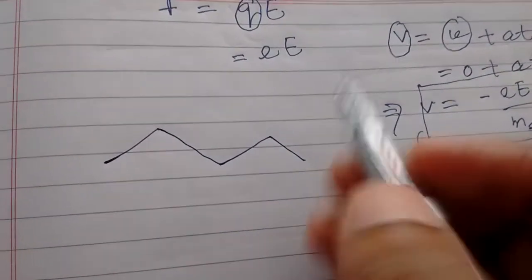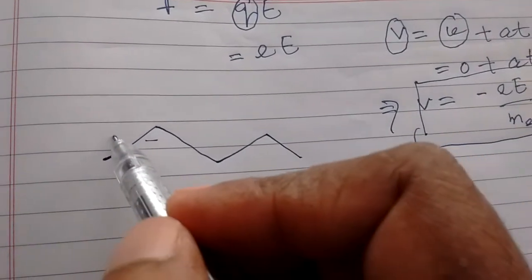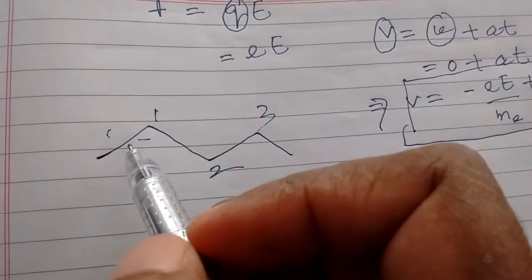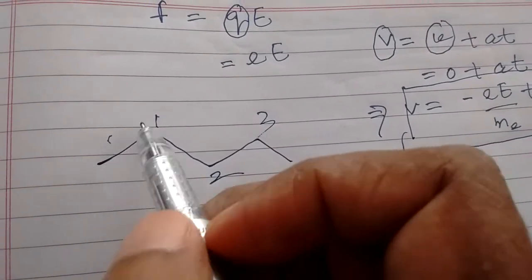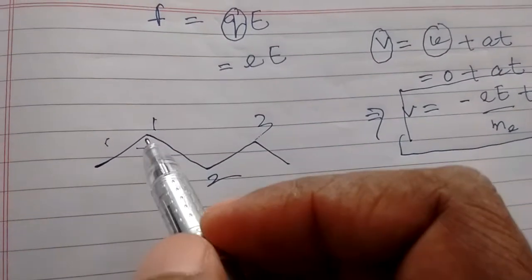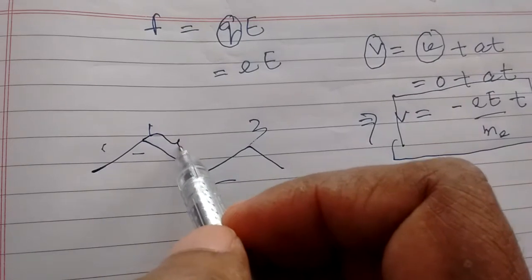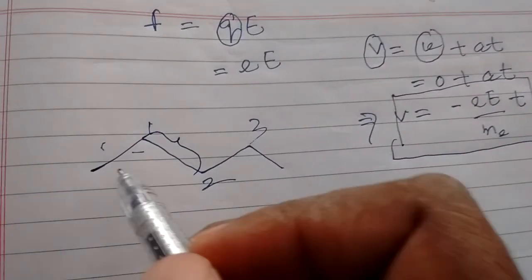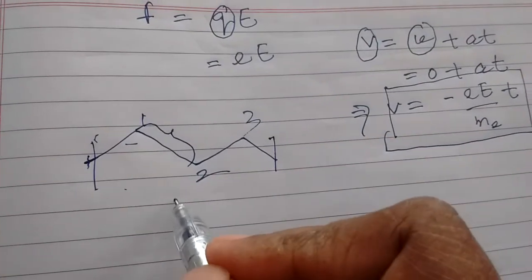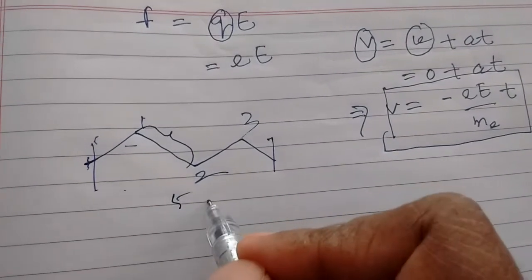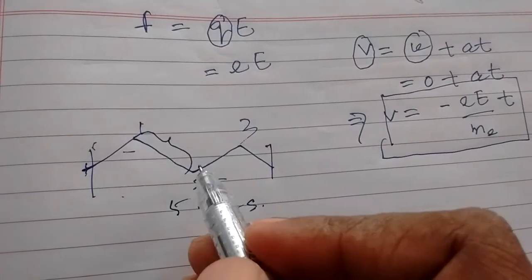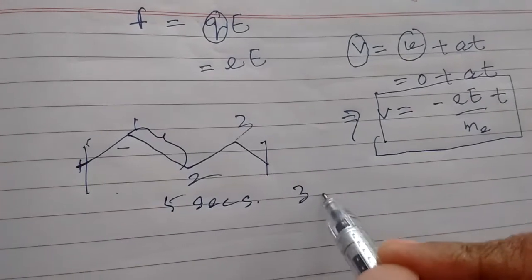Then suppose here is one collision, another collision, three collisions are there. That means you can see between two successive collisions the electron moves freely. This time interval, that is the average time interval, suppose from here to here the electron takes 5 seconds, and in between it suffers 3 collisions.